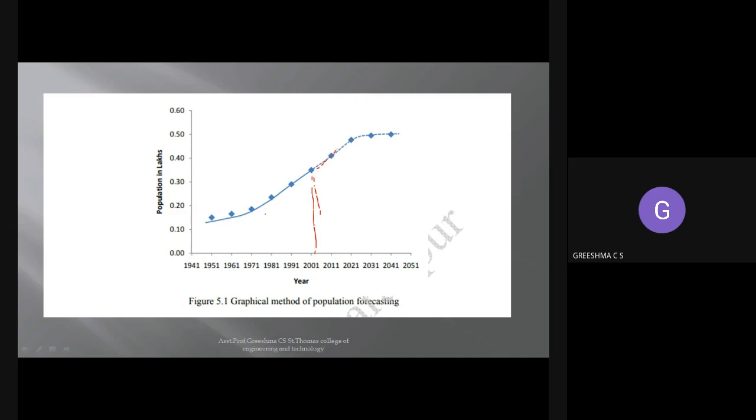In the similar way you will extend this graph and interpolate to find out the population. You will draw these lines to find out the population. Are you getting it?